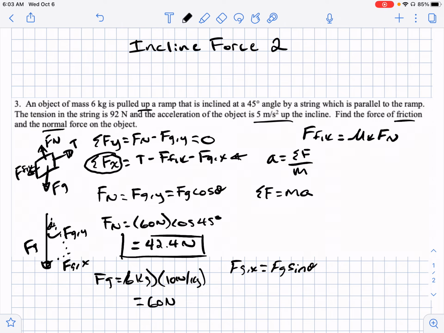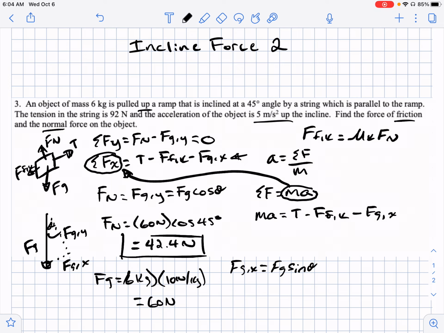So what I can do here is I can substitute mass times acceleration in for this net force. And so if I rewrote that net force equation with that substitution, it would give me mass times acceleration is equal to tension minus friction minus FGX.